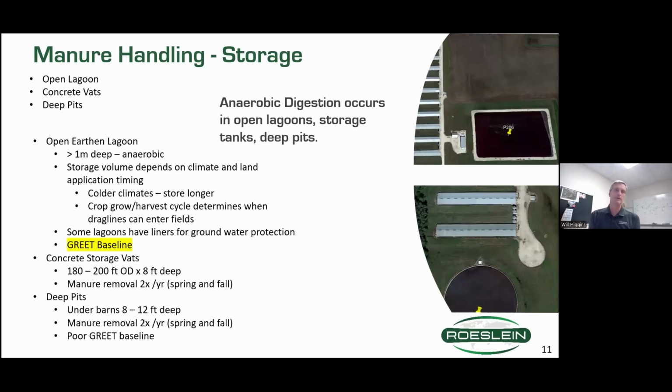And then when we start developing a site, we want to know the manure handling and how we're storing the manure. And there's three main categories. You can have an open lagoon, like this is depicted here, where the manure is coming out of the barn, going to an open lagoon. And then some sites have concrete vats, where they're storing in a man-made lagoon, basically, or a more constructed lagoon than just earthen.